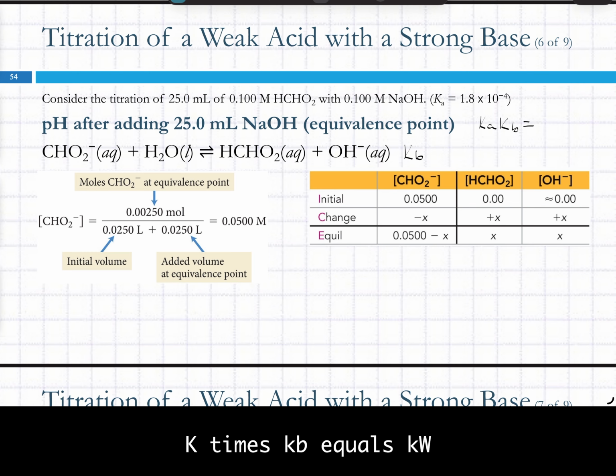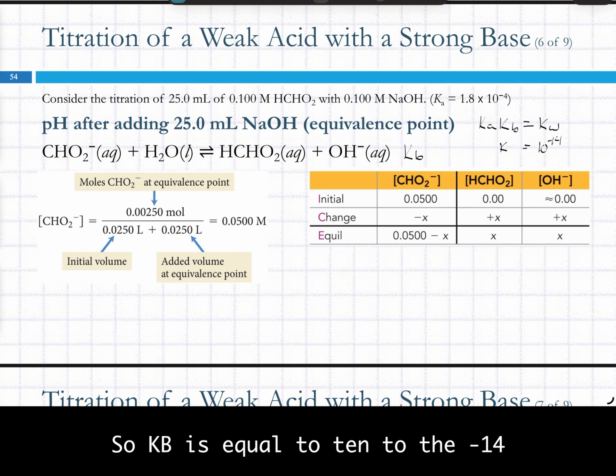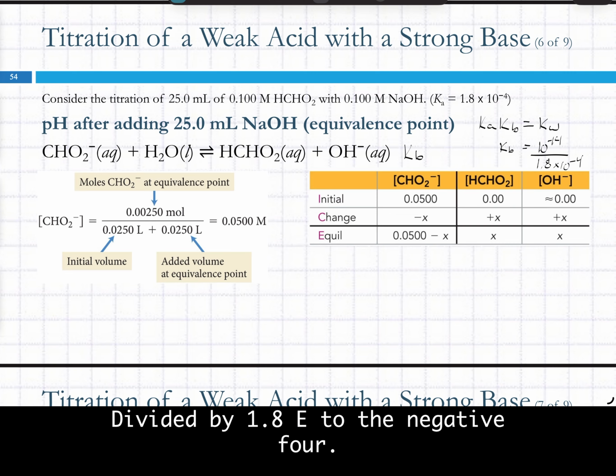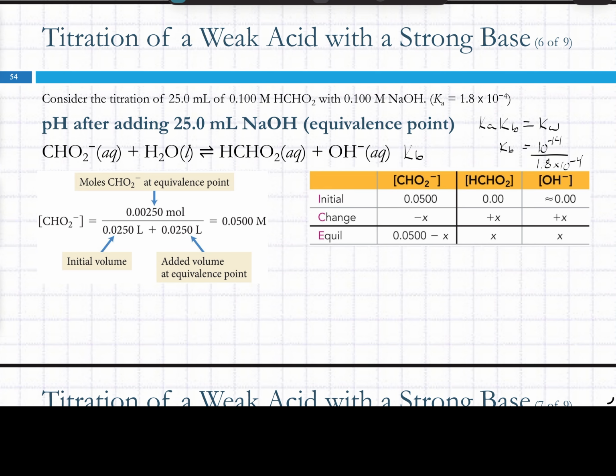Ka times Kb equals Kw. 10 to the minus 14 is Kw. So Kb is equal to 10 to the minus 14 divided by whatever your Ka is. So 10 to the minus 14 divided by 1.8 e to the negative 4. So Kb equals 5.55 times 10 to the negative 11.